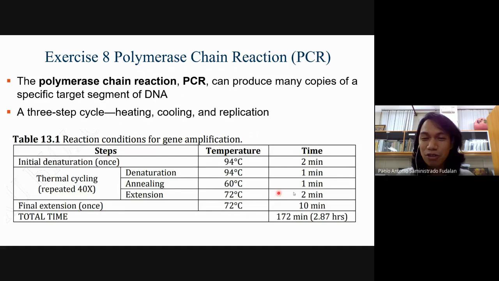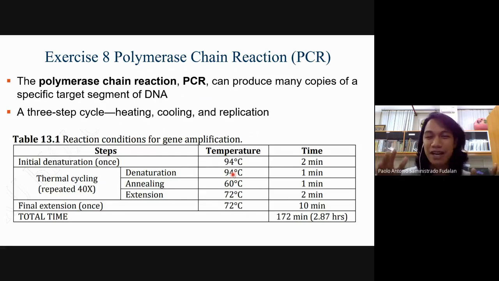Notice here that in the video, it took 4 hours. Why is this only around 3 hours, sir? The answer to that is it takes some time to reach the temperature. If you look at the video, the timer will not start unless, for example, 94 degrees Celsius is reached.